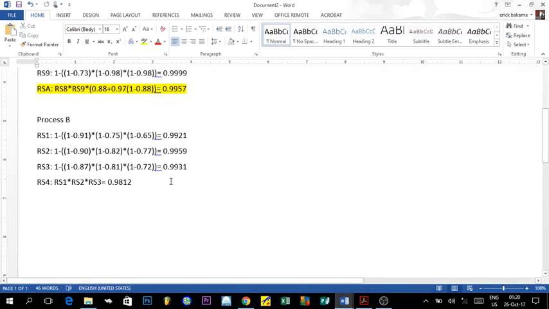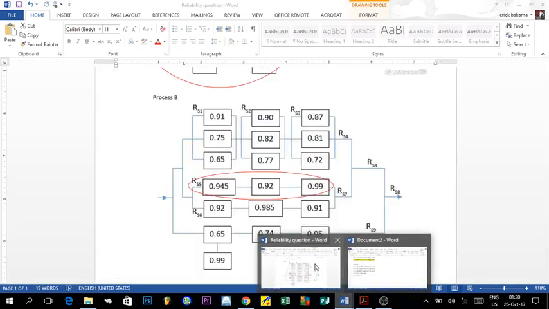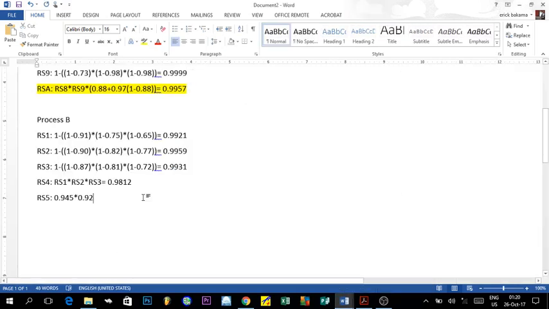So we have RS5, which has 3 components, 0.945 times 0.92 times 0.99. This is how we find RS5, and the value that we get is 0.8607. Yeah, 0.8607. This is for RS5.